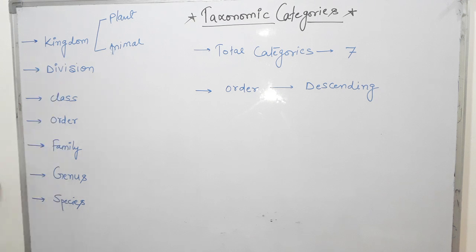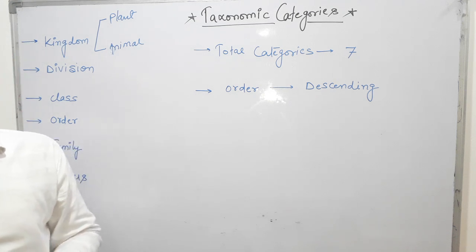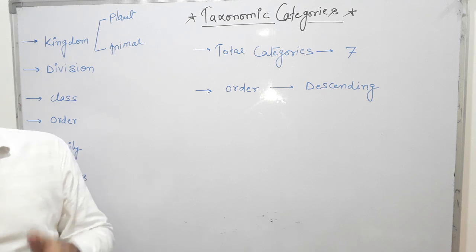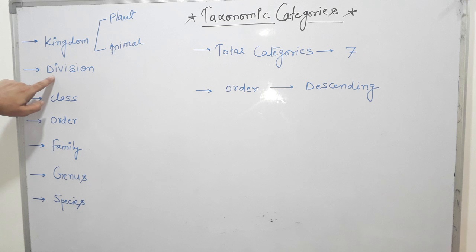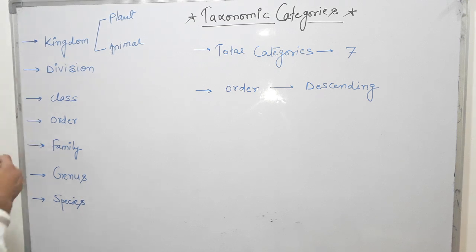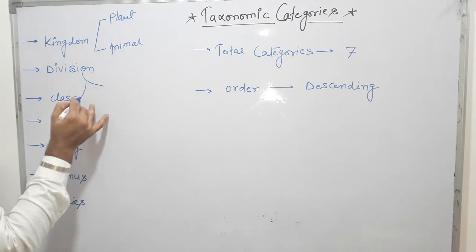Division is the second category, in which the plant kingdom is divided on the basis of presence and absence of cell wall, and on the basis of types of plants, whether they photosynthesize or not. So many characters are used in the kingdom to classify into divisions. When among the divisions some dissimilarities are present, they use the classes.